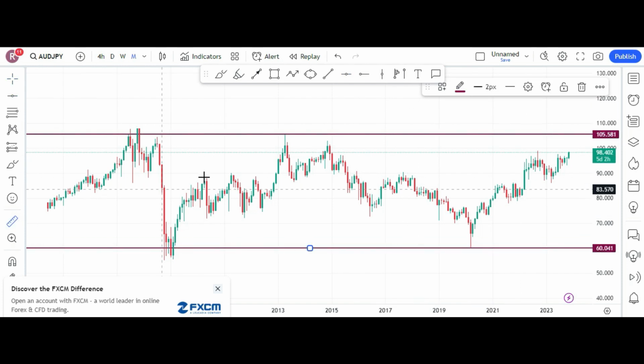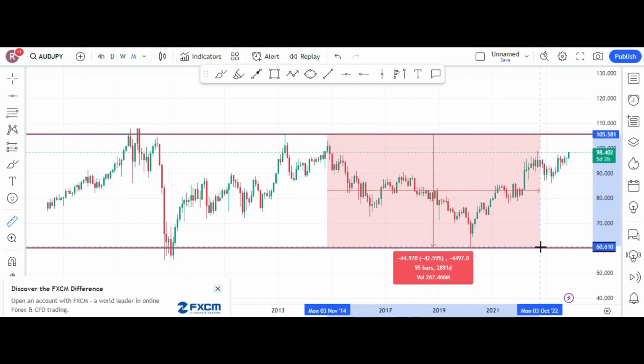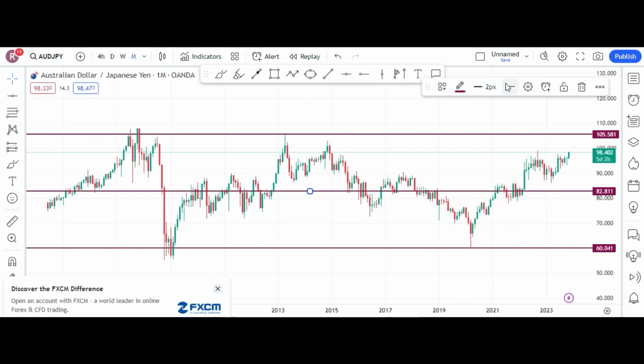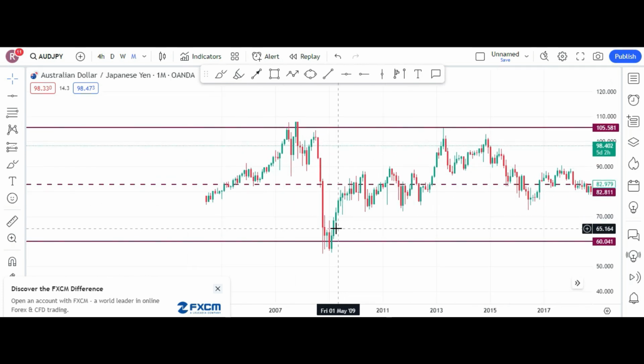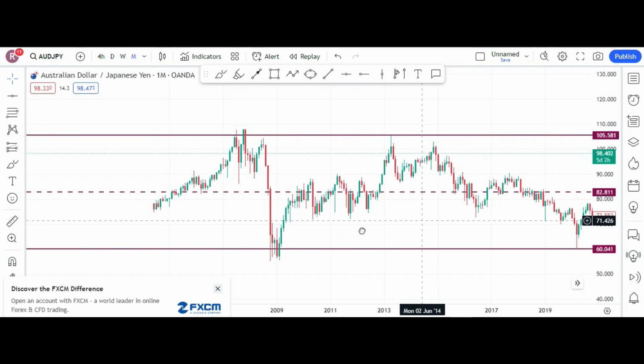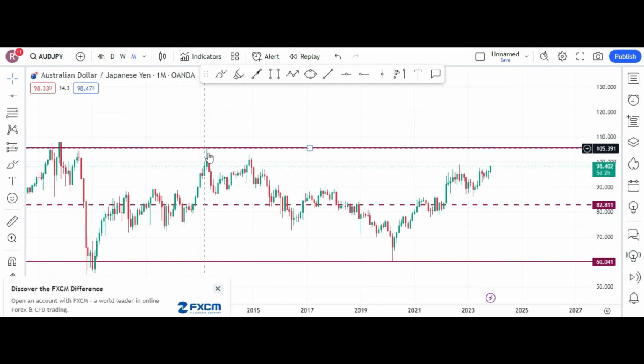First we define the range, then we define the half of this range. This is the half of the range, and this is what has been happening since, if I'm not wrong, 2008. The market went up, came down, and is going bullish again.